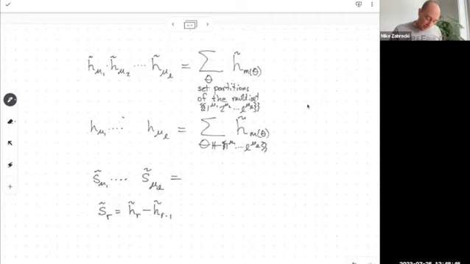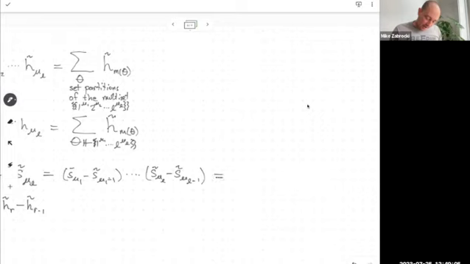So this is going to be the product of S mu1 tilde minus S mu1 tilde minus 1 and S mu L tilde minus S mu L tilde minus 1. And so you can say, oh, well, this is an inclusion-exclusion. So this is going to put an inclusion-exclusion condition onto my tableau.